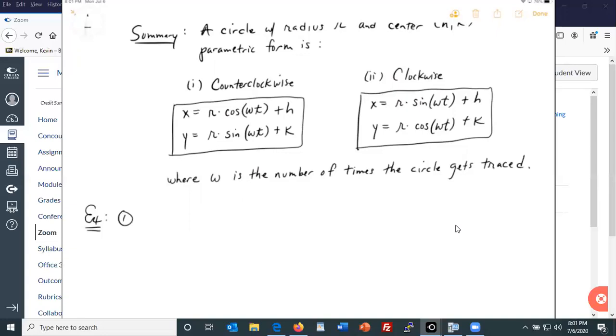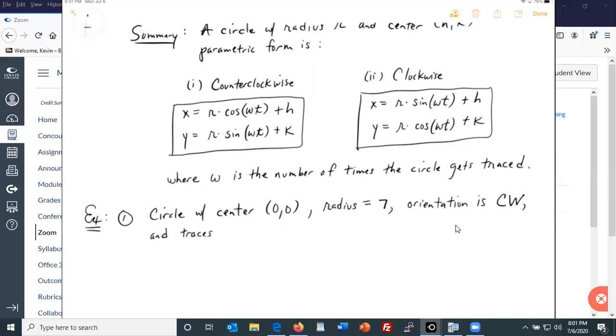Let's say we want to find a parametric equation for a circle with center (0, 0), radius of 7, the orientation is clockwise, CW, and traces the circle, let's say 20 times.